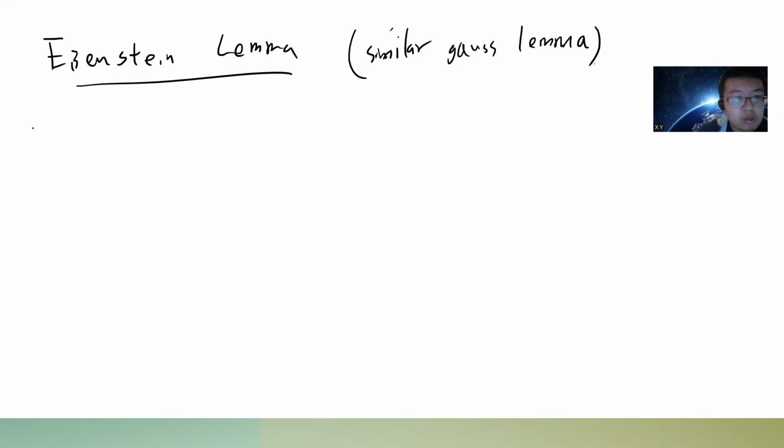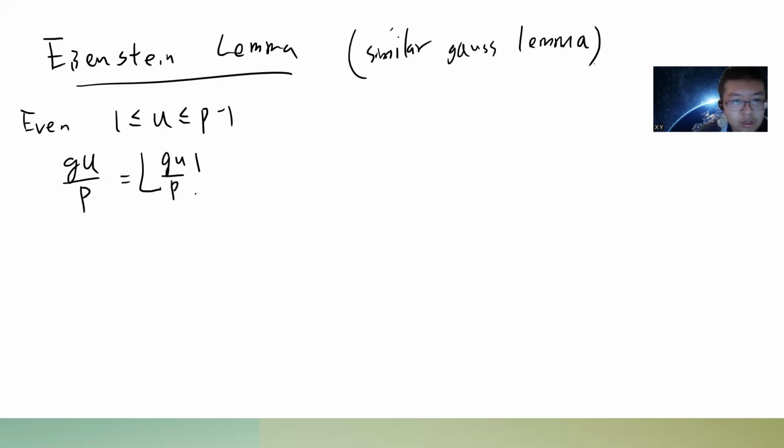You take even integers u from 1 to p minus 1, and take qu divided by p as a floor function, plus p times r_u. Here r_u is a positive residue.